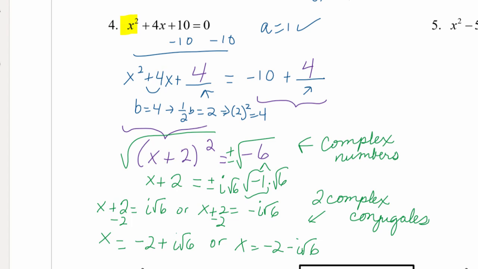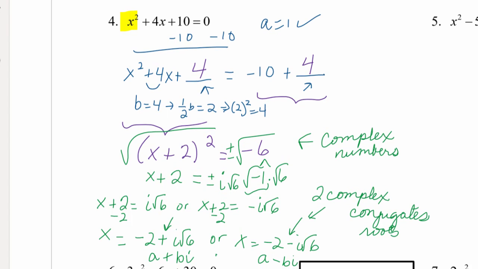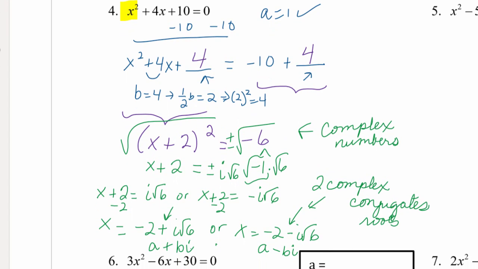They're conjugates because the signs in the middle are opposites. So we have a plus bi here. I put the i in front though, right? And we have a minus bi here. These are complex conjugates.